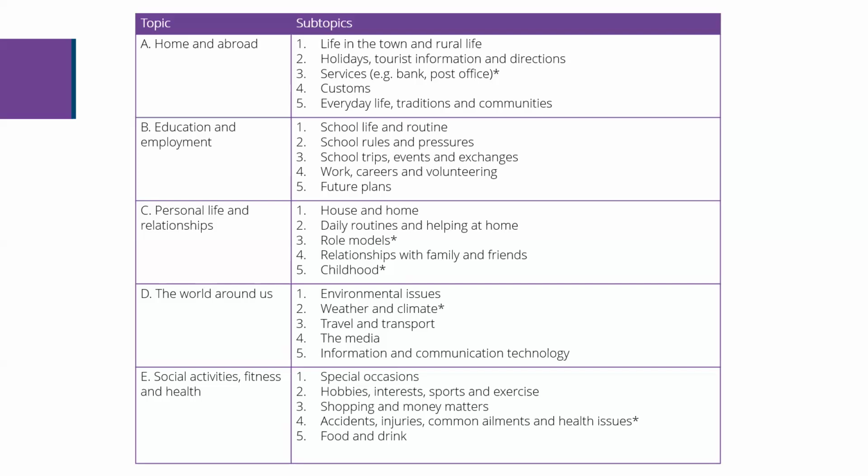And within each of those overarching themes, we see sub-themes. So, for example, in theme B, education and employment, sub-themes are school life and routine, school rules and pressures, school trips, events and exchanges, work, careers and volunteering, and also future plans.